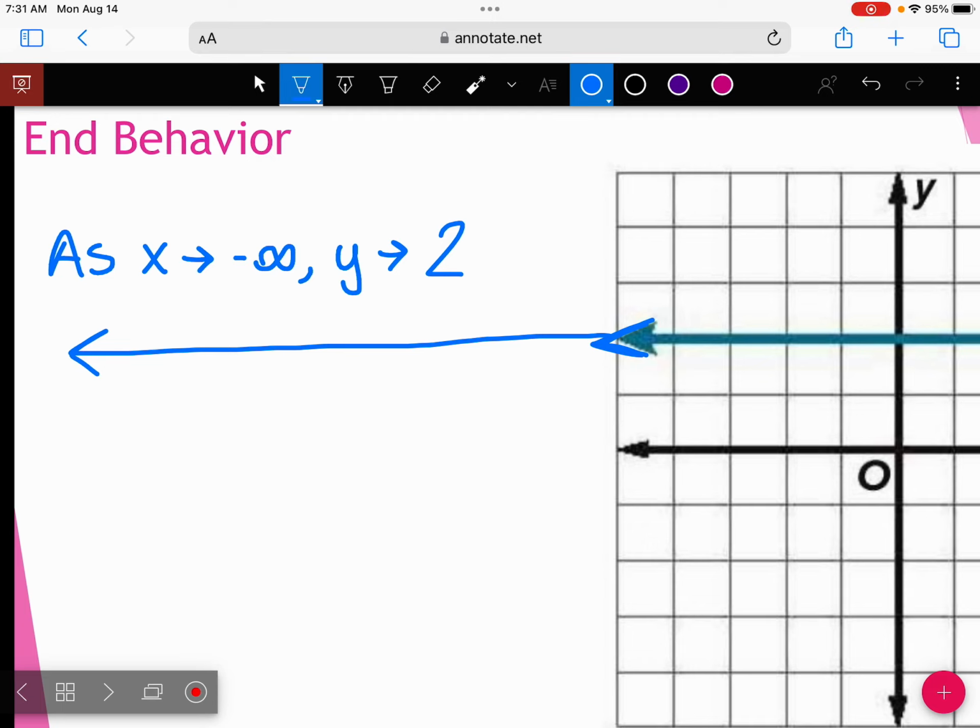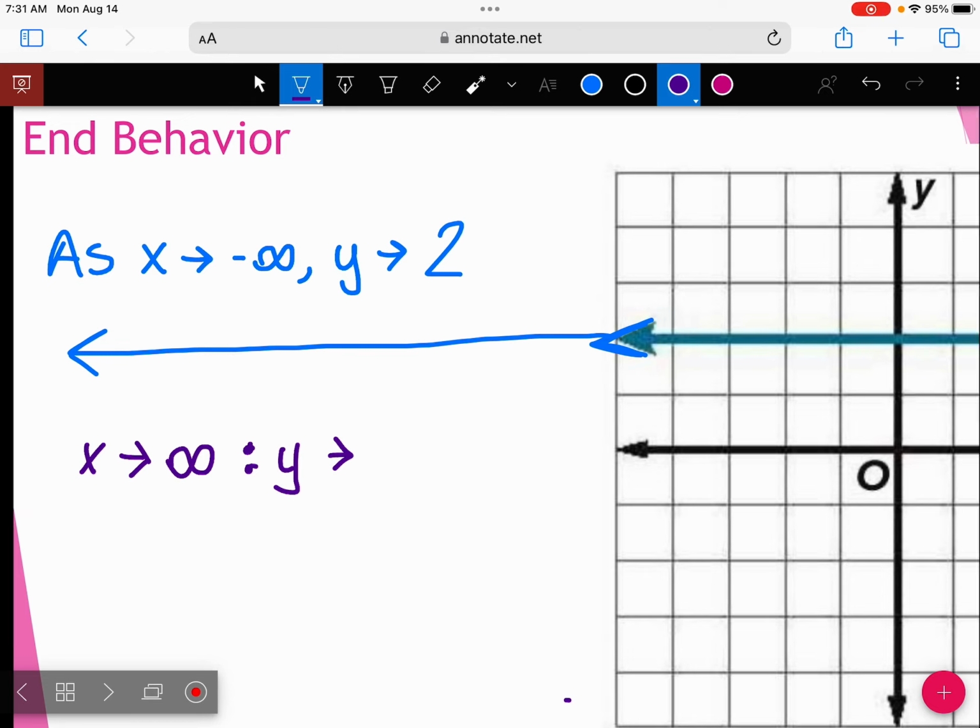So if and only if we have a sideways arrow, will it have anything other than the infinities? So let's do our other side. As x approaches positive infinity, my y's are going to be where? 2. Yes, sir.